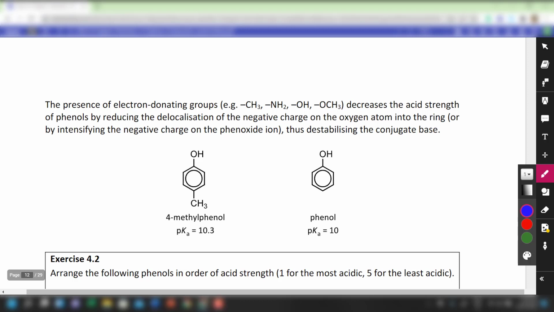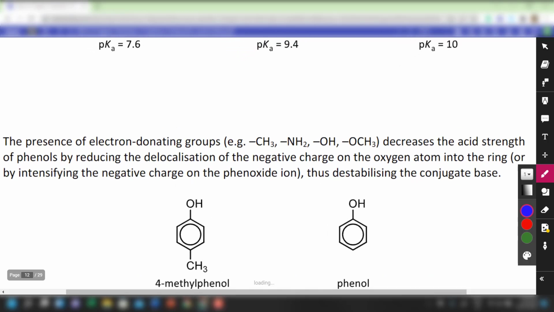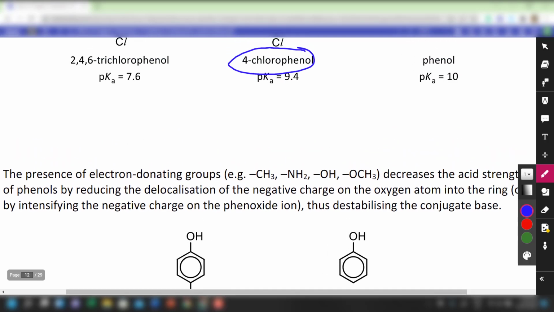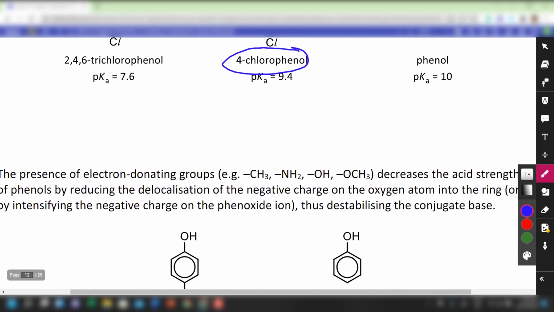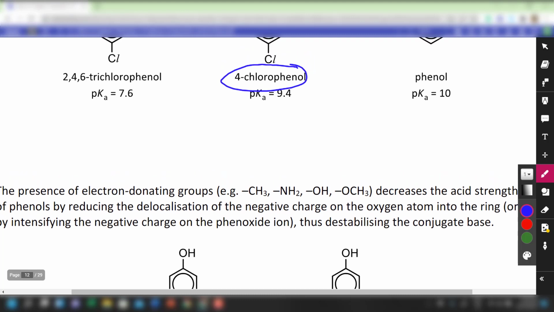If you remember the little thing which I mentioned earlier on, maybe in JC1, you notice that the idea of electron withdrawing and donating groups is actually very easy to understand at the H2 level for chemistry if you simply look at how spread out the charge is.